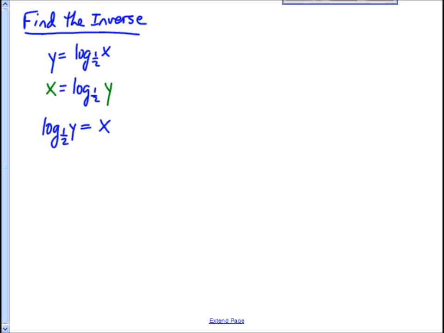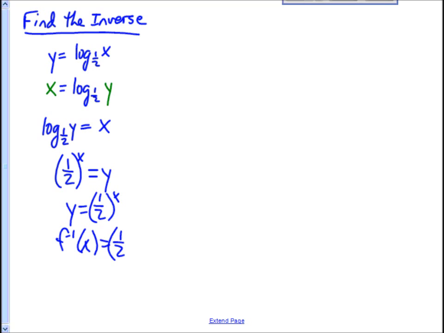You can either run the definition, so write in exponential form, 1/2 to the x power equals y, and there you have it. Y equals 1/2 to the x, which is our inverse of the original function, right? So there's our inverse.